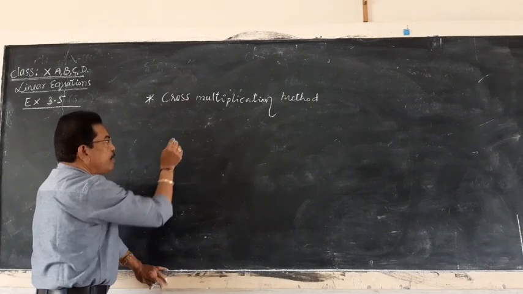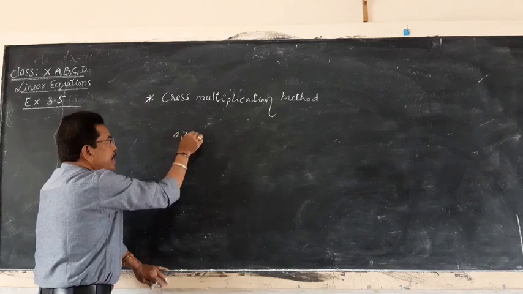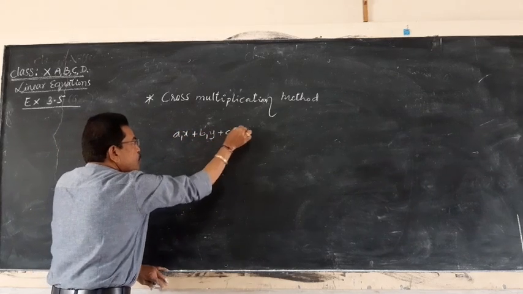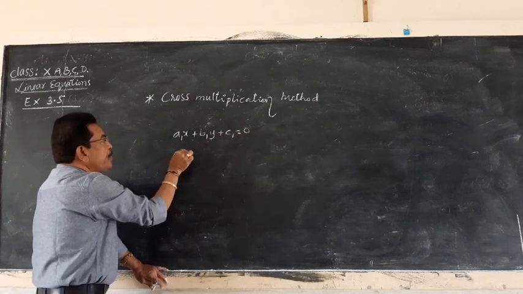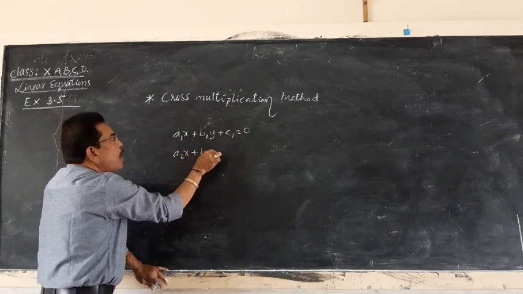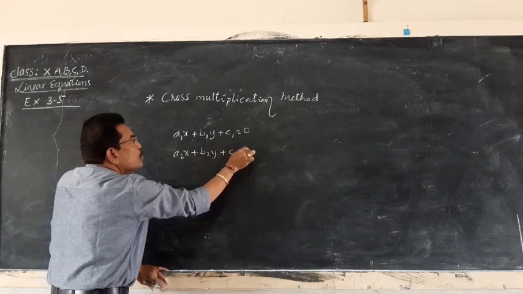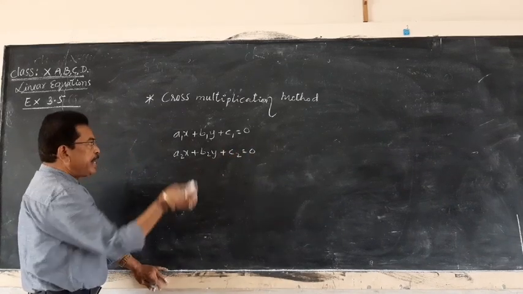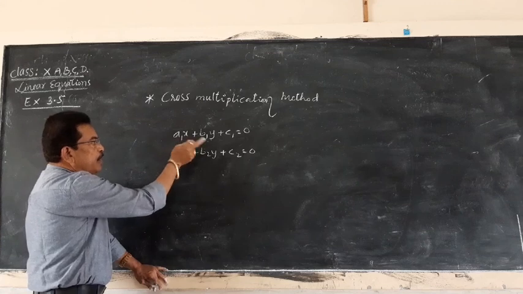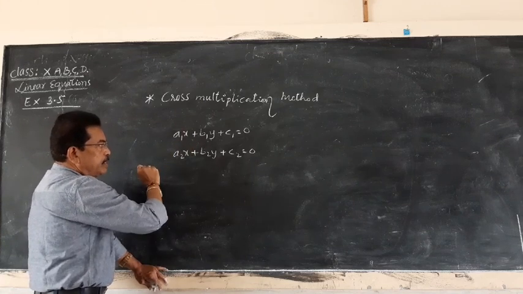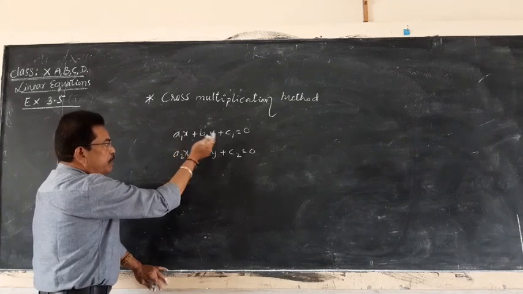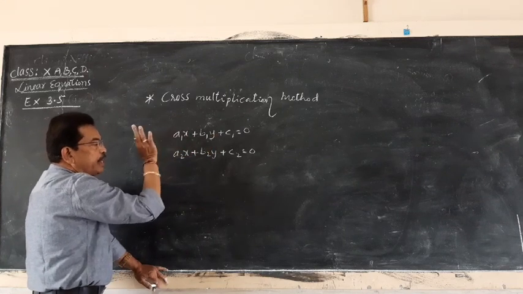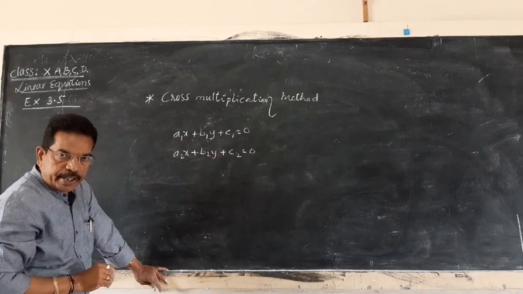A pair of linear equations in 2 variables is a1x plus b1y plus c1 equals 0, a2x plus b2y plus c2 equals 0. Considering the coefficients of the 2 variables, we have to find the solution in the cross multiplication method.